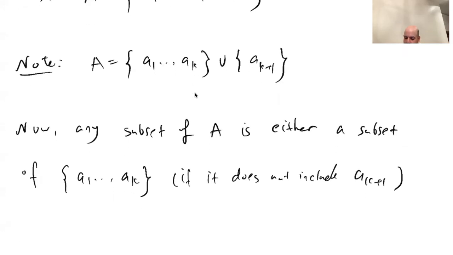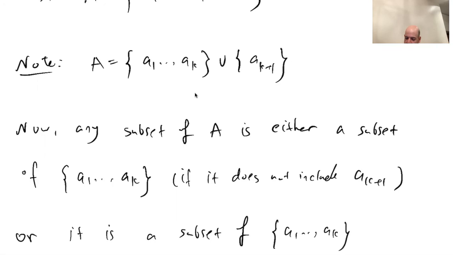So it is either a subset of this, or is a subset of A1 to AK union AK plus 1.